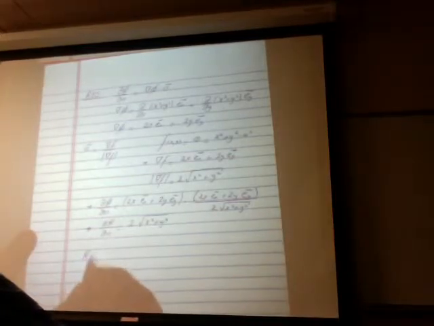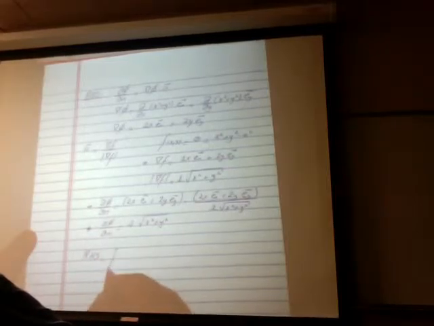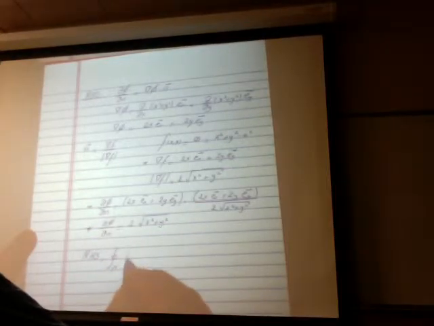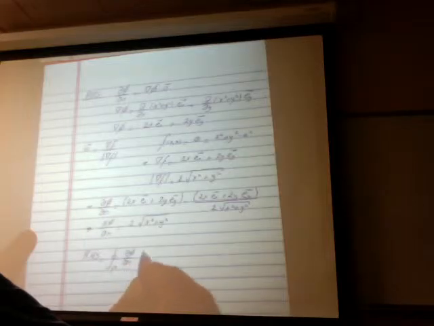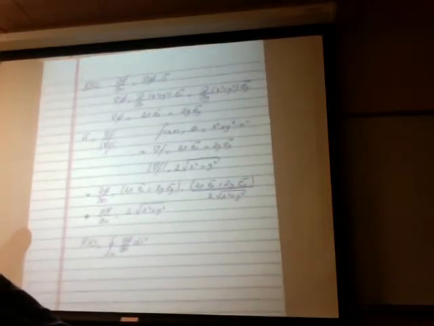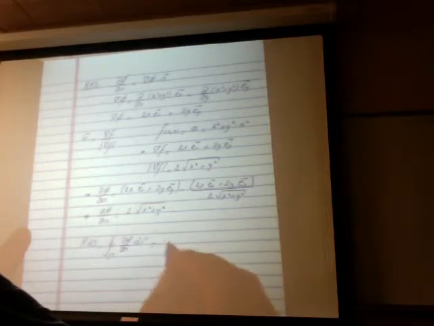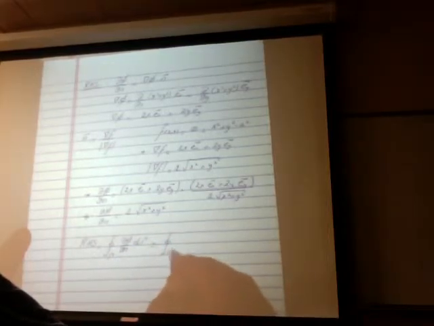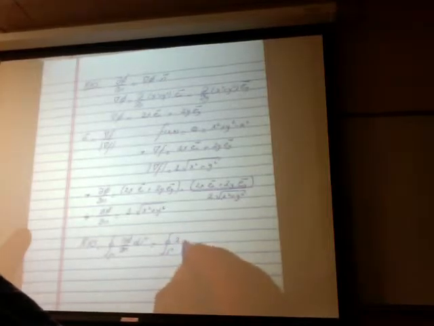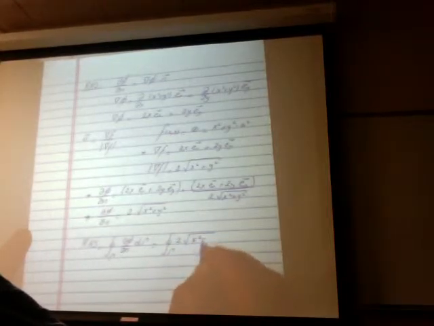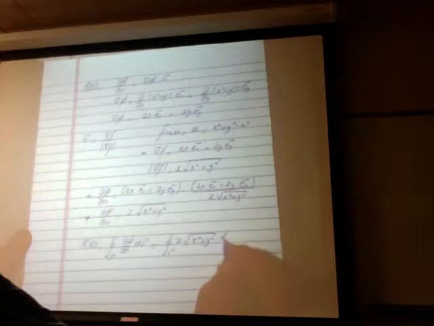So the right hand side, which is equal to the integral over the boundary of the phi dn d gamma, is equal to the integral over the boundary of twice the square root of x squared plus y squared d gamma.